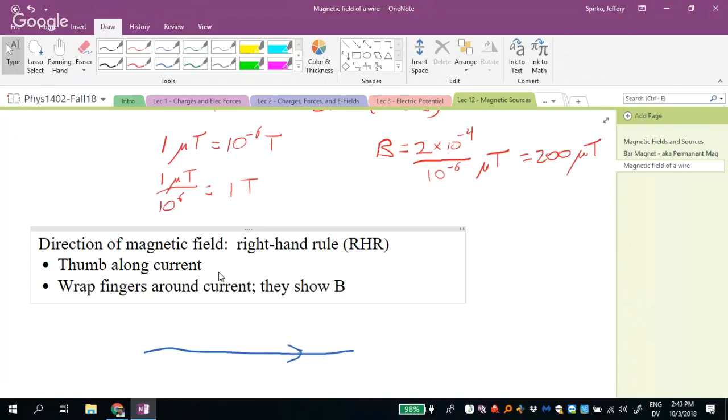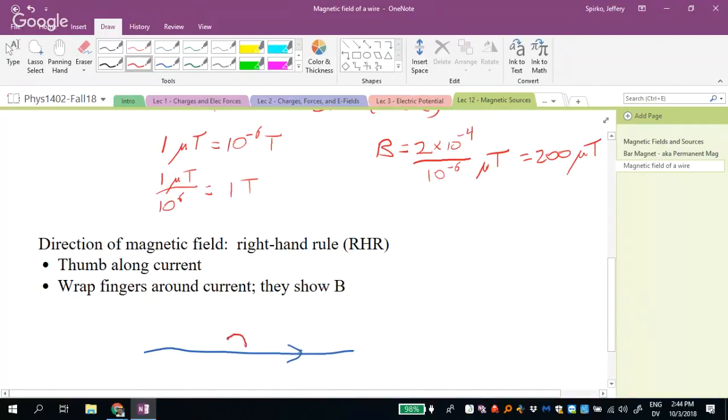So the magnetic field due to this current is going up the back, out, and down the front. That's the direction of the magnetic field. Usually when I draw this, I draw a break in my circle, which represents the magnetic field going in behind the wire.